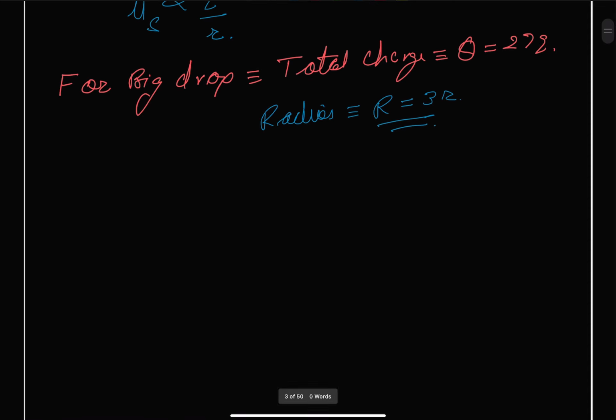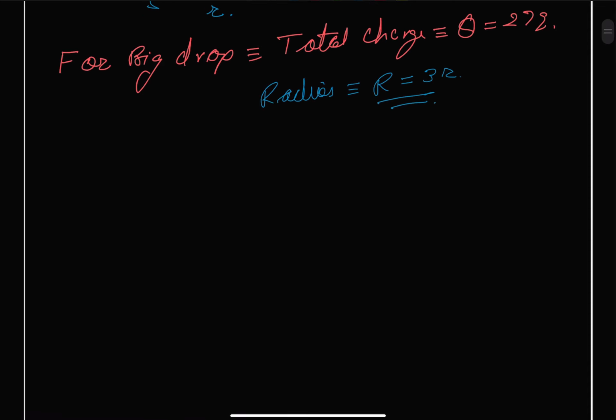So we can write that the energy associated with the big drop will be proportional to q square upon r. We substitute this as 27 q whole square upon 3r.